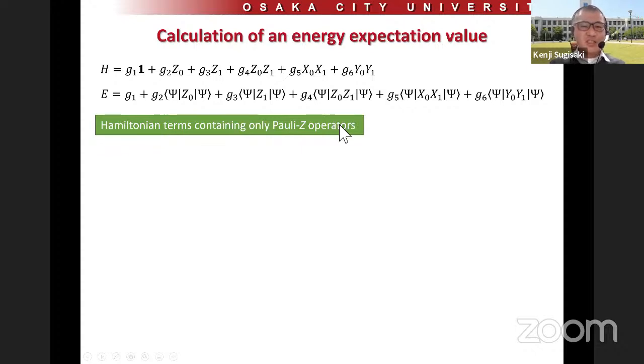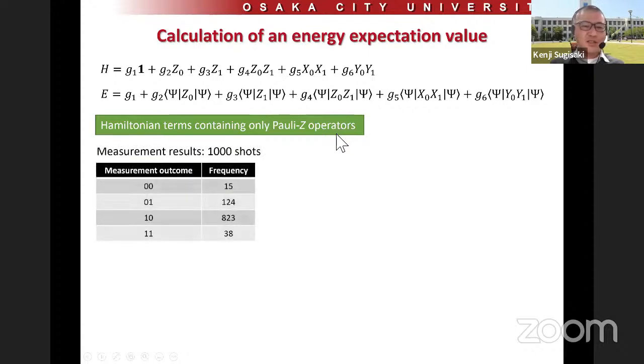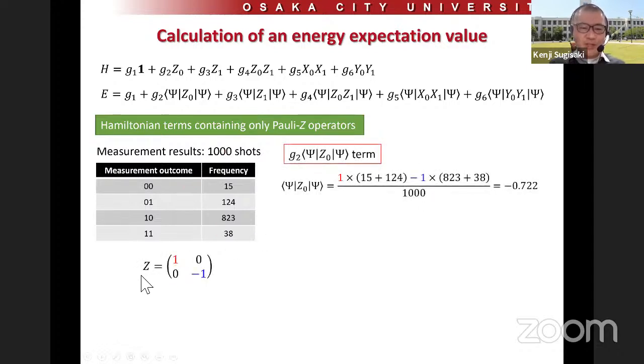Let us think about the situation. We perform the state preparation and measurement 1,000 times. And the measurement outcome was something like this. Because the Pauli Z operator is defined as shown here, the eigenvalue of the Pauli Z is 1 for the 0 state and -1 for the 1 state.